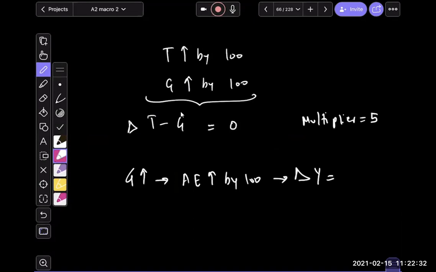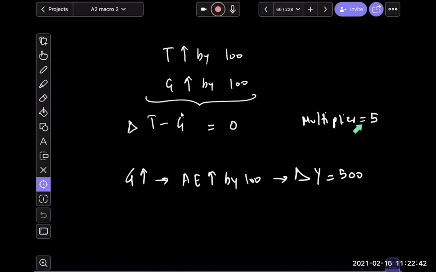Change in Y will be 500, because 100 times 5 is 500. Remember, change in Y is equal to change in A times the multiplier. Isn't that true? Are we good?